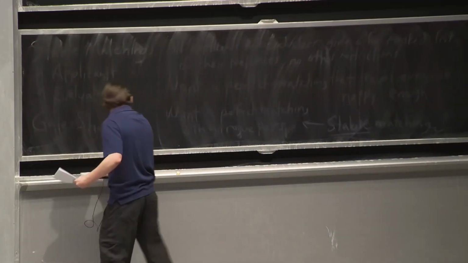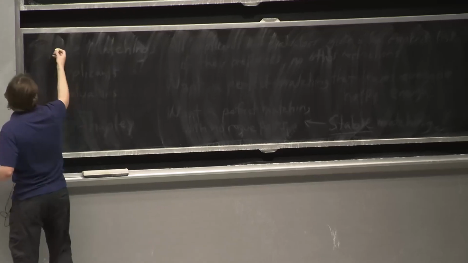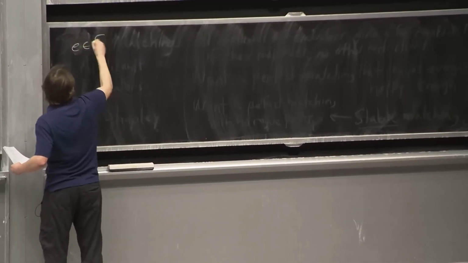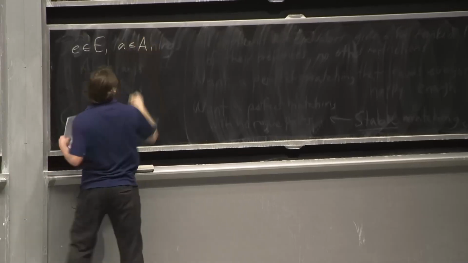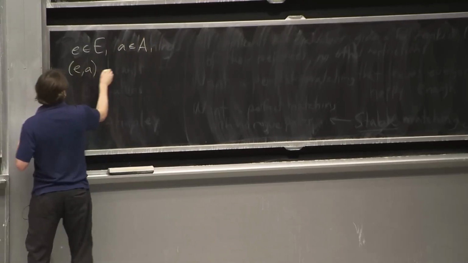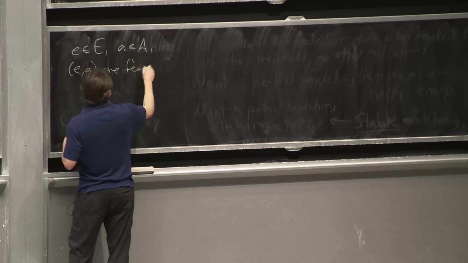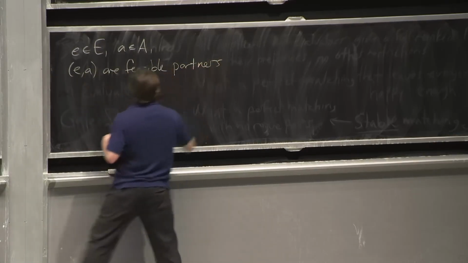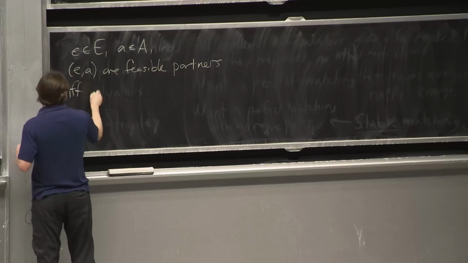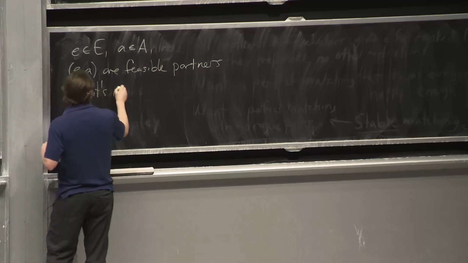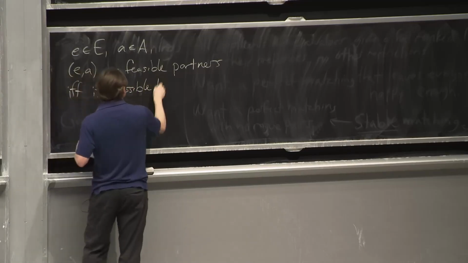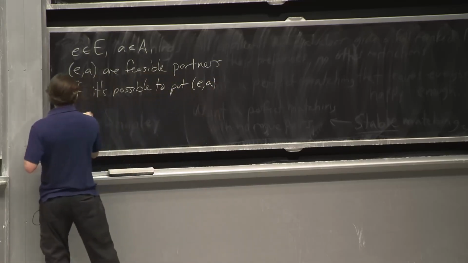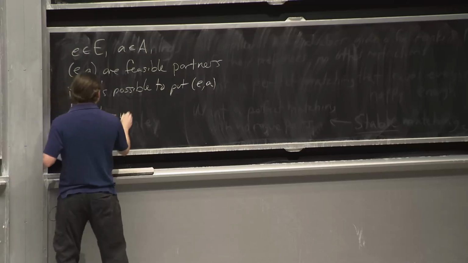So let me give a term so we can measure what we mean by preferable. First of all, if E is an evaluator and A is an applicant, let's say that E and A are feasible partners if and only if it's possible to put E and A together in a stable matching.